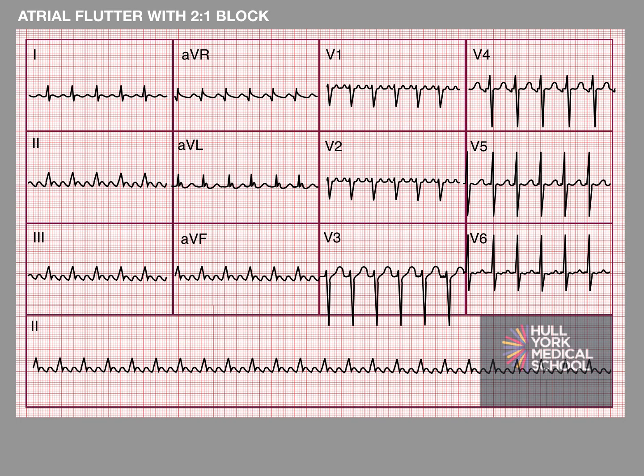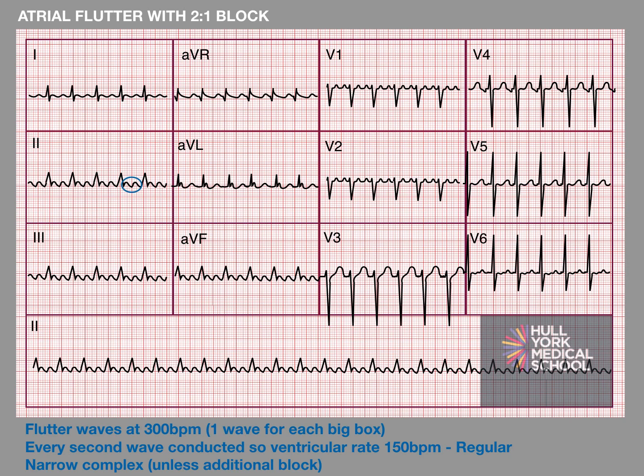This ECG is an example of atrial flutter with 2-to-1 block. You can see sawtooth flutter waves, particularly in the inferior leads, so 2, 3 and AVF. And as the flutter is running at 300 beats per minute, there is usually one of these flutter waves for each big box of the ECG.